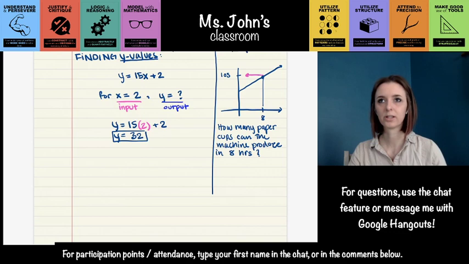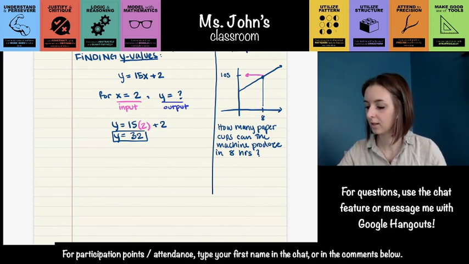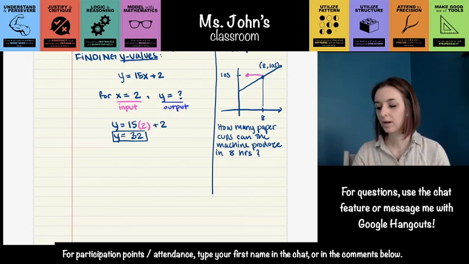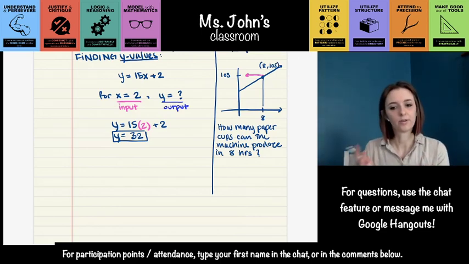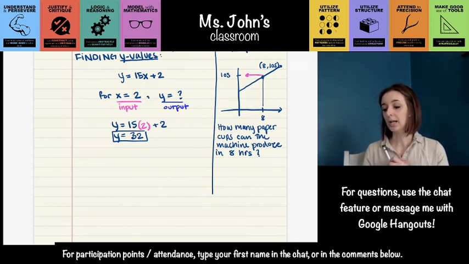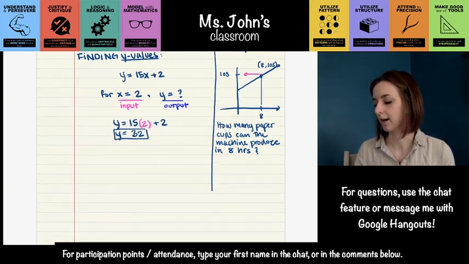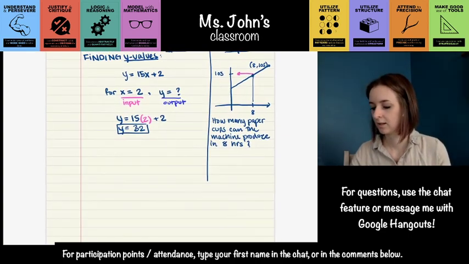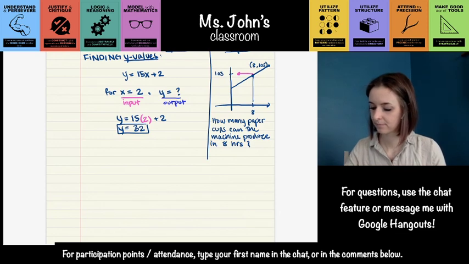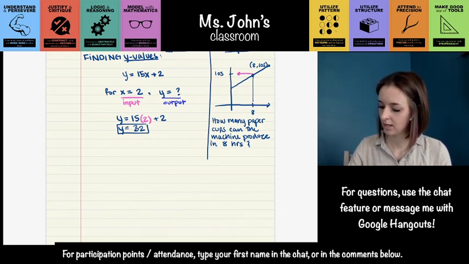So the point we just identified is 8, 105. They're giving you 8 and they're looking for 105. They're just looking for the other part of that point, the y value, which is not bad to look for on a graph. Okay, next we're going to talk about finding x values.